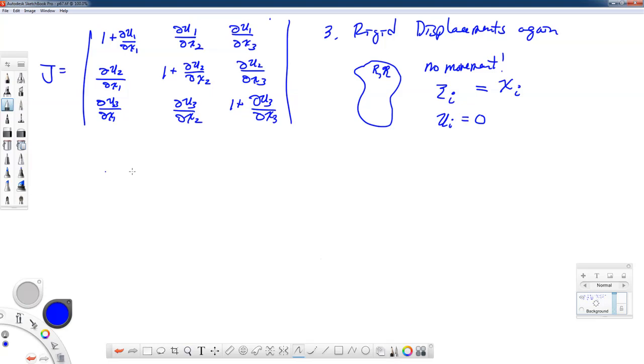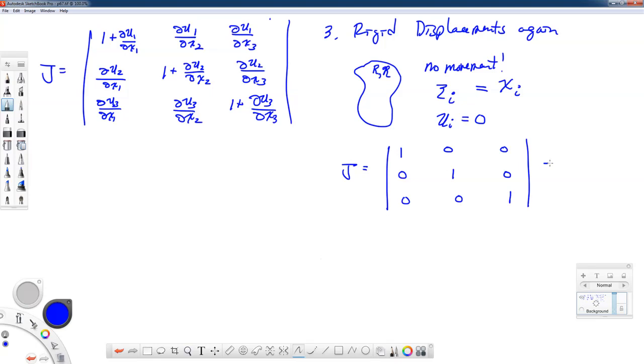Well, in that case, it's pretty easy to calculate our Jacobian. We have 1 plus the partial derivative of u1 with respect to x1. Well, that's 0. And so are all the other partial derivative terms. So we end up with 1s along the diagonal and 0s everywhere else.